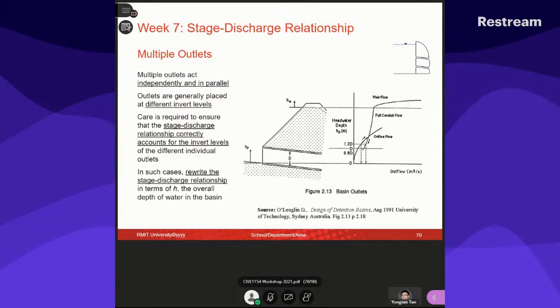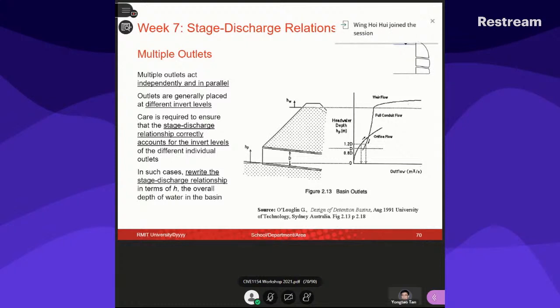And also, as shown in the previous slides, there are multiple outlets. Normally for detention-based design, we use a lower outlet, a higher outlet, and also a spillway. It is very common for a basin to have more than one outlet, placed at different levels.